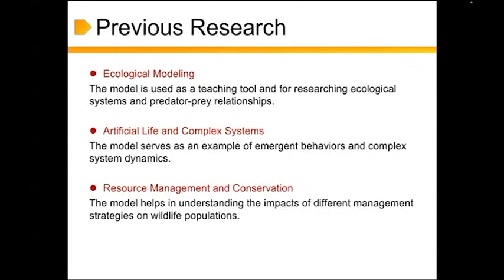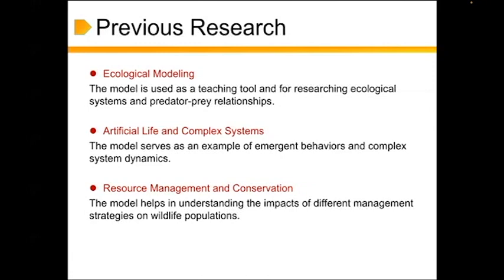Here is some previous research about our model. The first is that there is a lot of ecological modeling used as a teaching tool for researching ecological systems and predator-prey relationships.